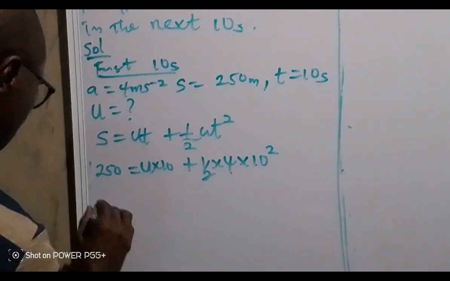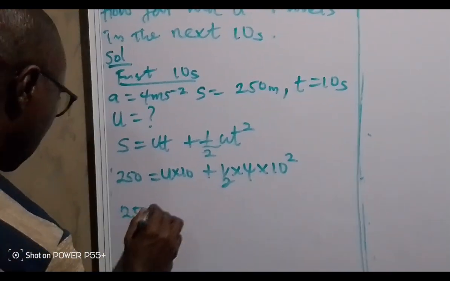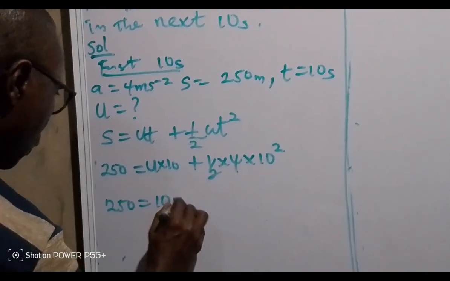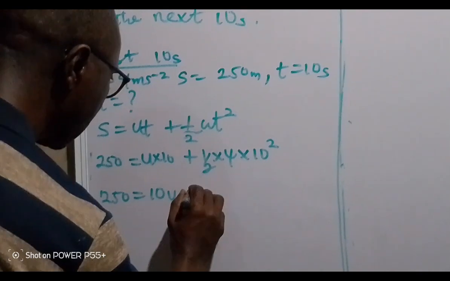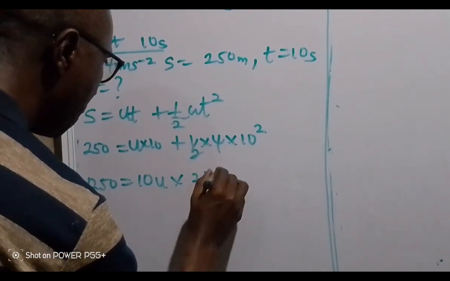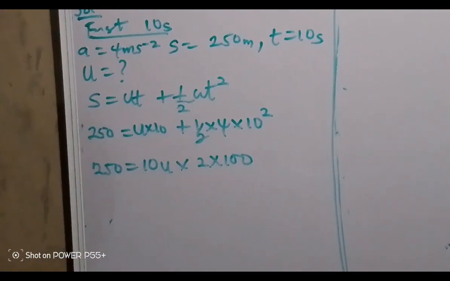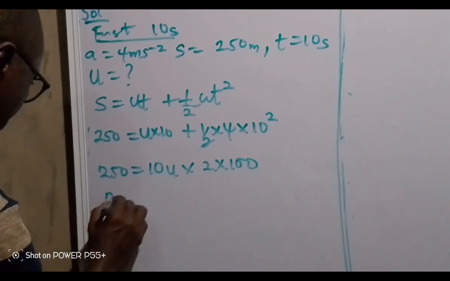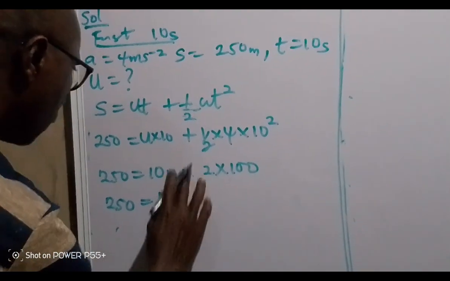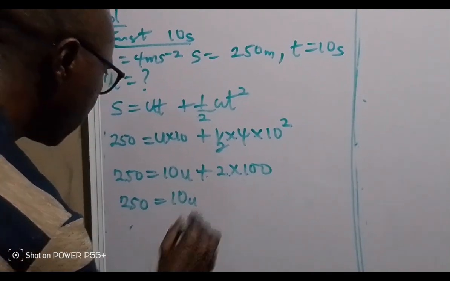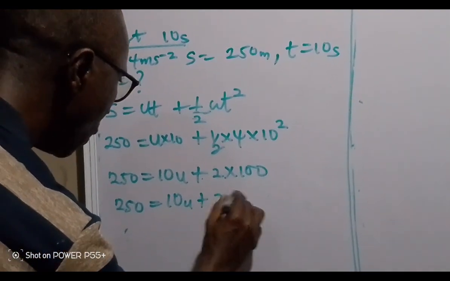So this gives us 250 is equal to 10u plus, the 2 cancels the 2, 2 multiplied by 100, which is 200.